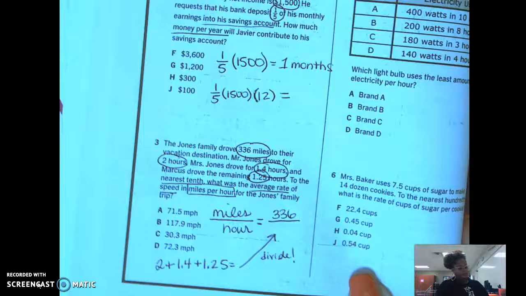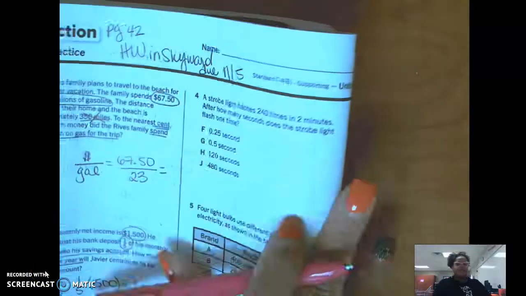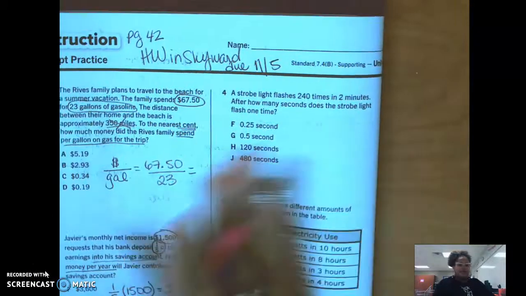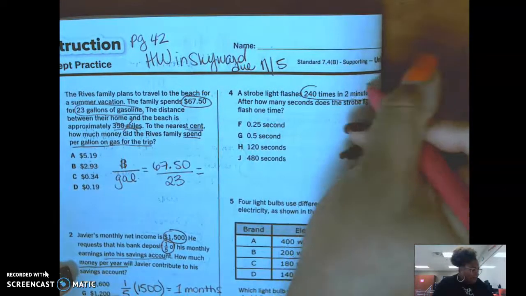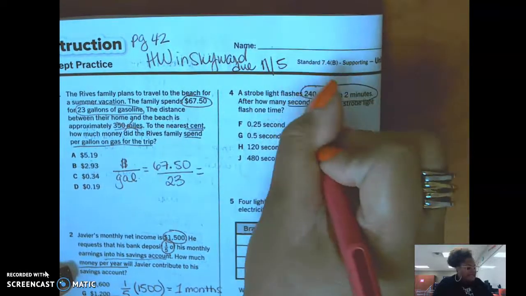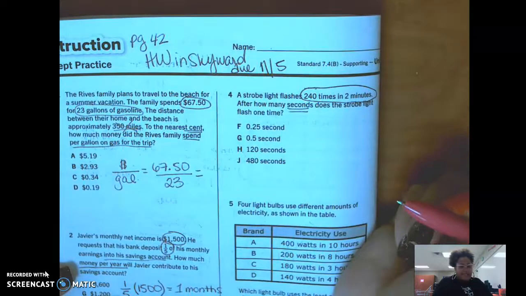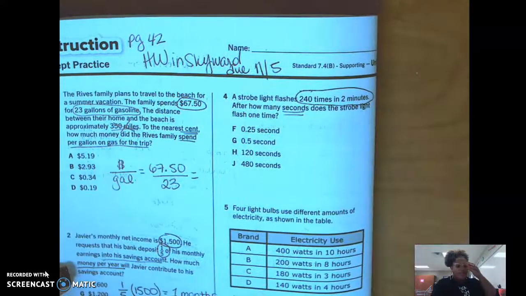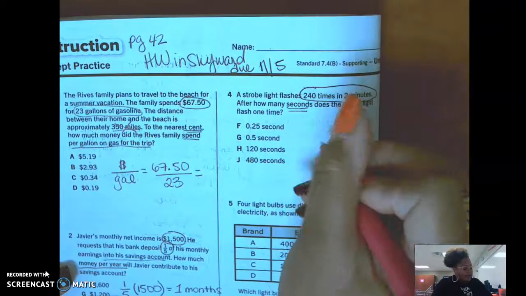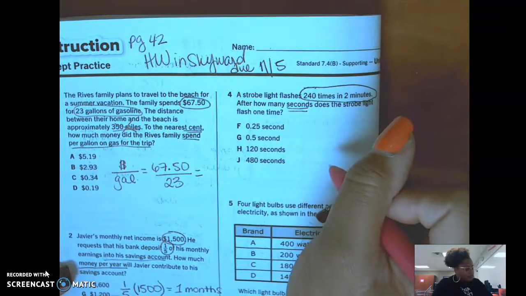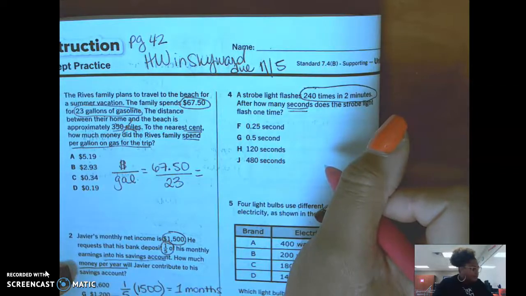Next, a strobe light flashes 240 times in 2 minutes. There's a rate. After how many seconds does the strobe light flash 1 time? So I need 1 second per flash.